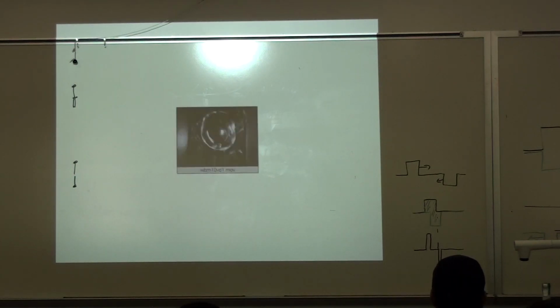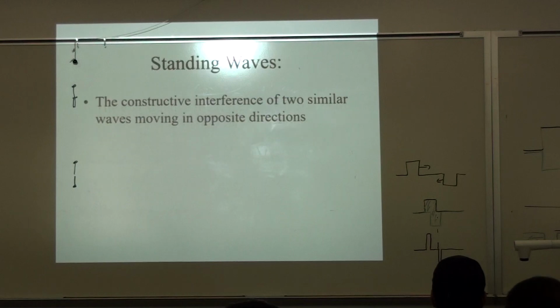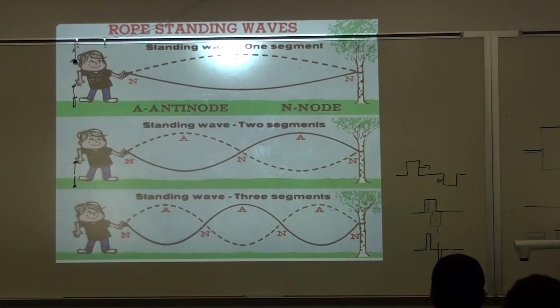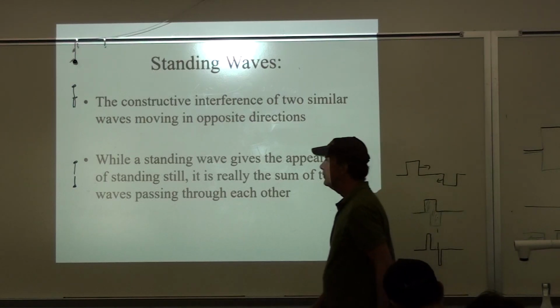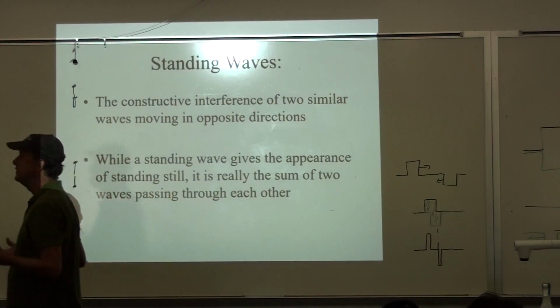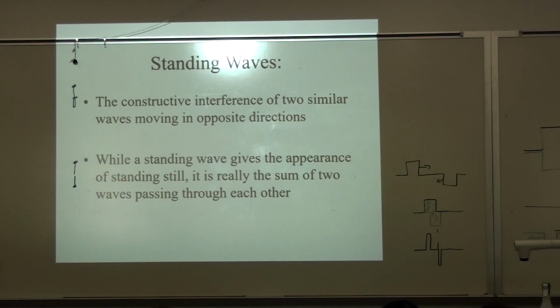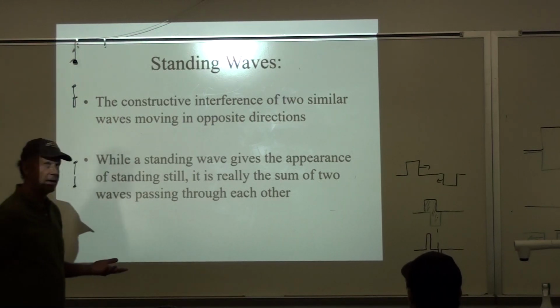Okay, now, you can have what are called standing waves. And this is an example of constructive interference, which is a particularly useful one for all kinds of different applications. This is the basic equation for resonance.